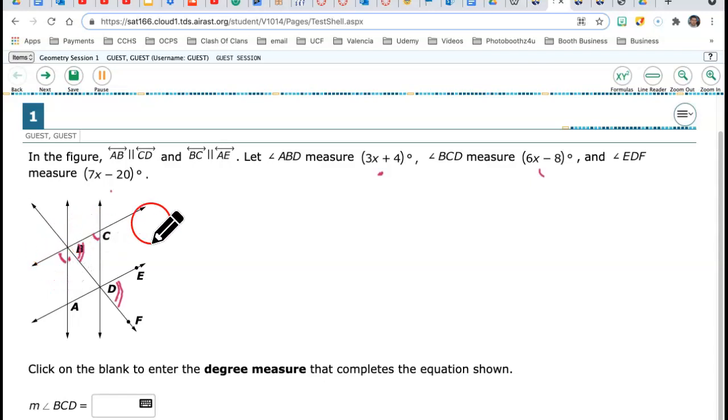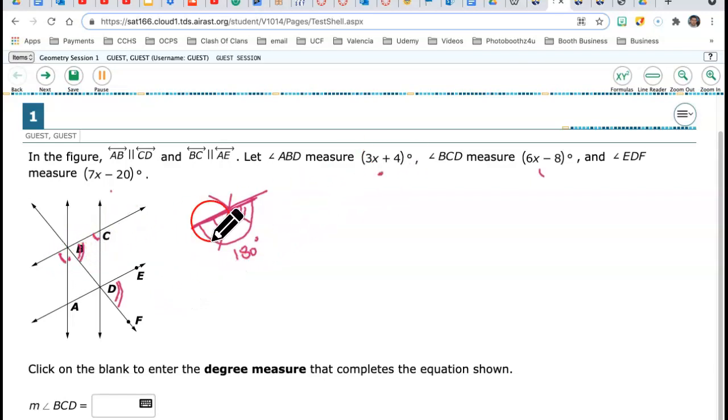If you notice, you have two arcs here, a dot here, and one arc here, and this is a straight line. That means this whole thing is equal to 180. So the sum of those three angles equals 180. What three angles?